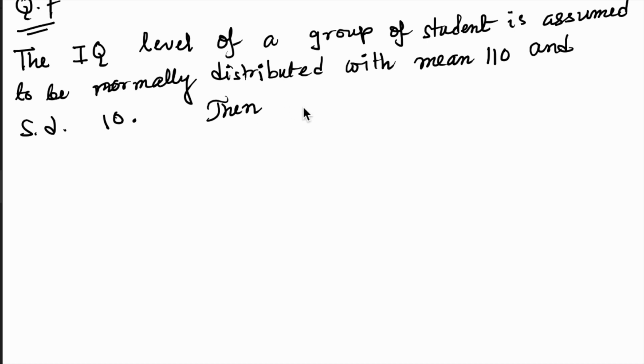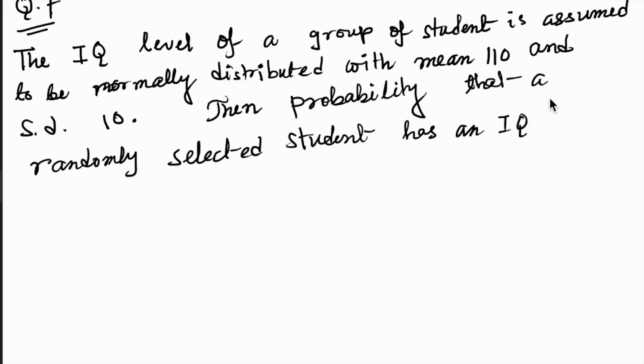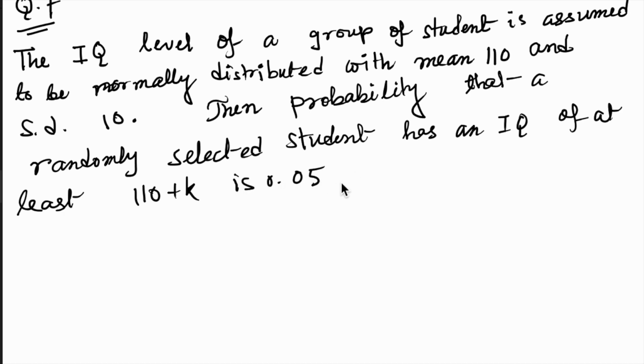Then the probability that a randomly selected student has an IQ of at least 110 plus k is 0.05. Find the value of k.